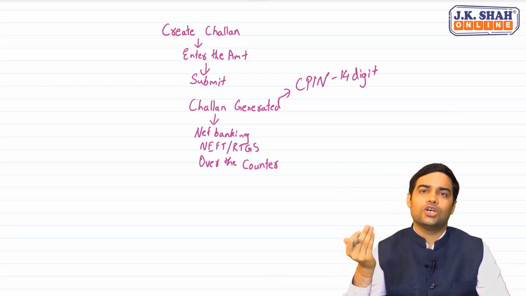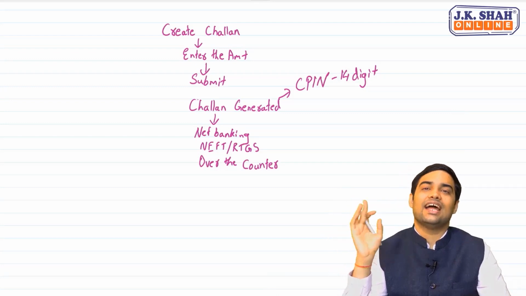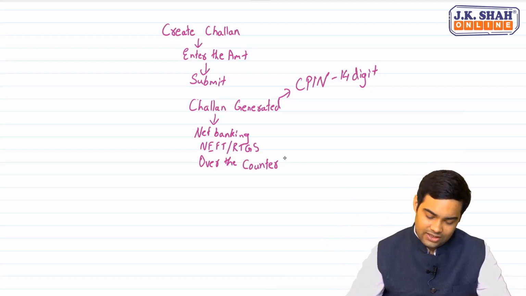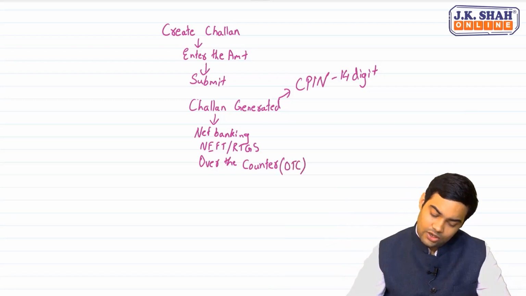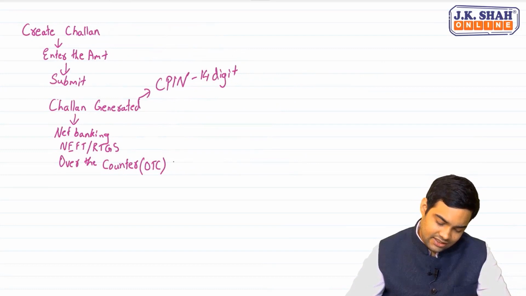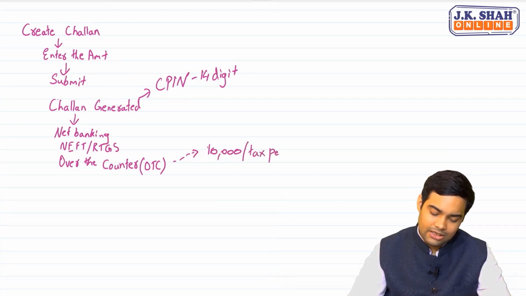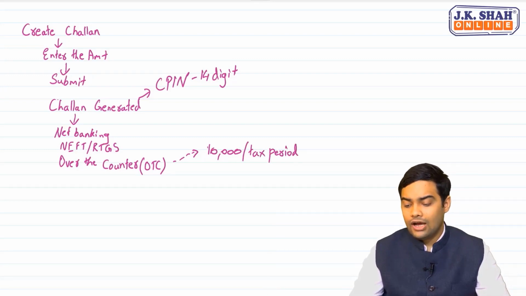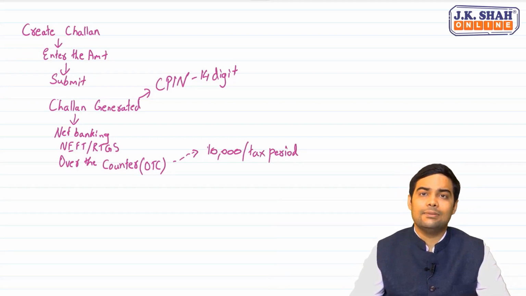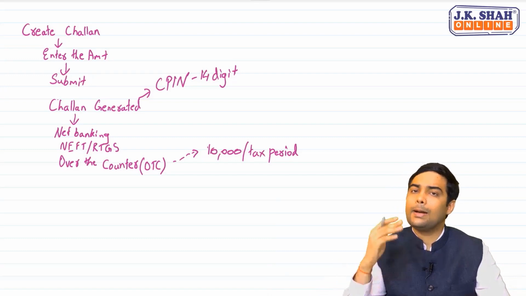See, government wants to encourage digital payments and that's why over the counter there is a restriction. And what is the restriction? The restriction is the maximum amount which you can pay through over the counter is 10,000 per tax period per challan. That's it. So, for a regular scheme person, what is a tax period? Monthly.